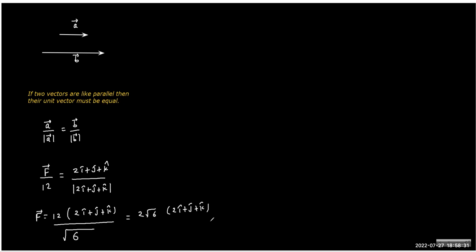Now because we know F vector and we know the delta, work done is F dot delta, and we got a very nice vector notation of F vector. The delta we got is i minus j minus k. 2 root 6 will do nothing.